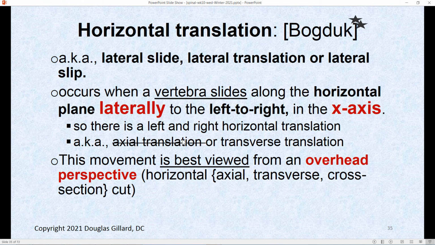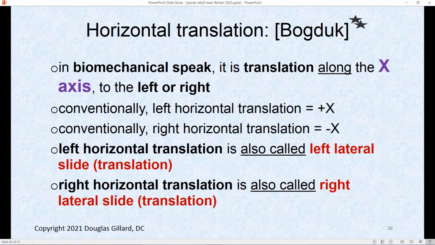So again, this lateral slip to the side is best seen from an overhead view. I mean, we can see it from a P to A view as well. We can see it from many views, but just remember it's horizontal for lateral slip. Okay, biomechanical speak, the translation occurs on the x-axis. By convention, a horizontal slip to the left is designated as positive.